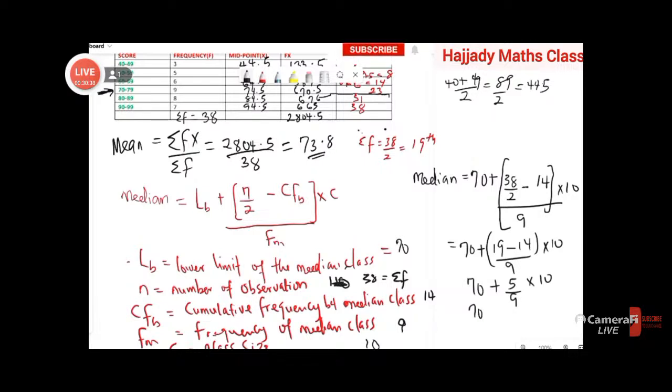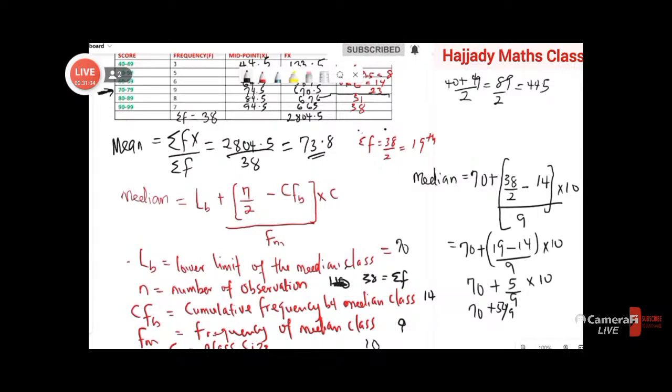So we have 70 plus 5 times 10, which gives us 50 over 9, okay?